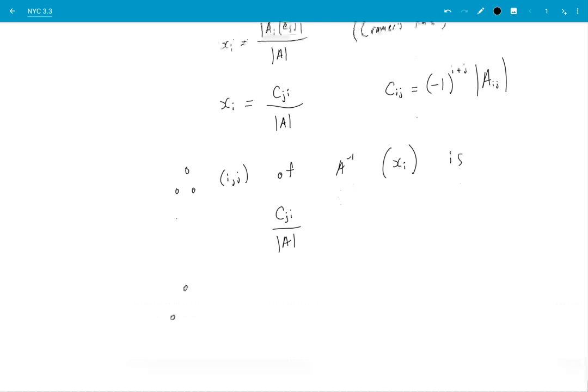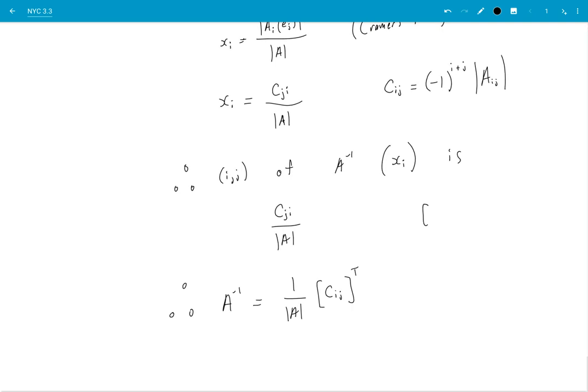And so therefore, A inverse is actually the transpose of this matrix Cij. Okay, where Cij is this matrix filled with the cofactors.